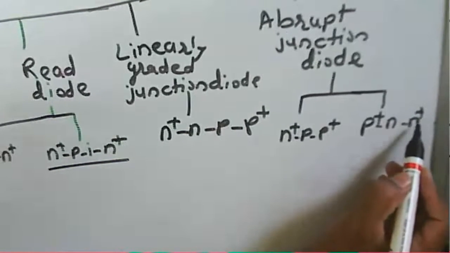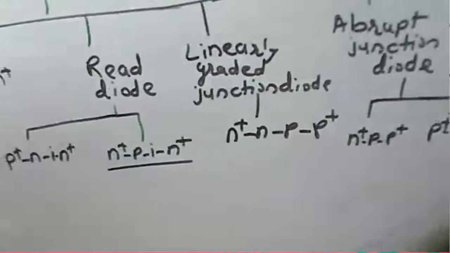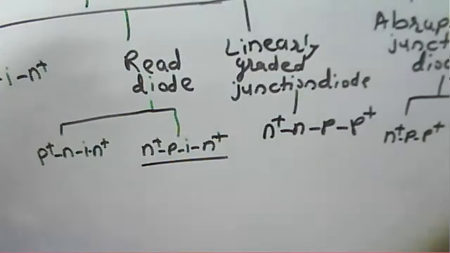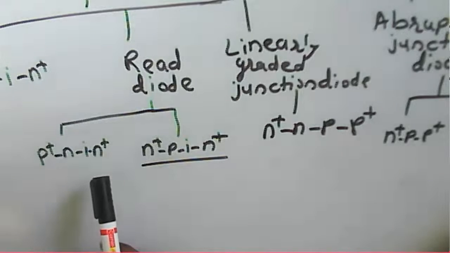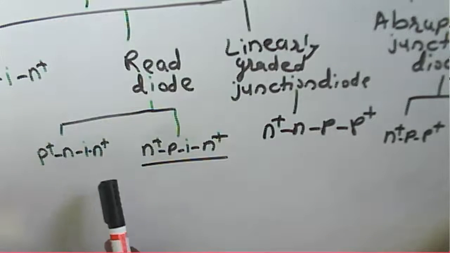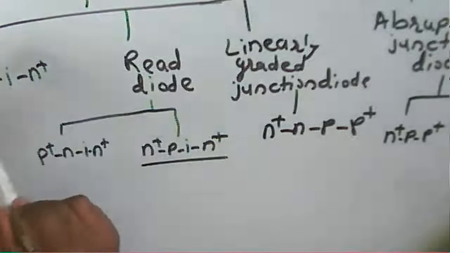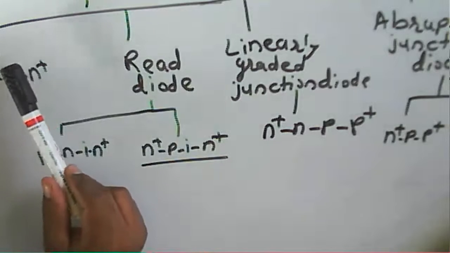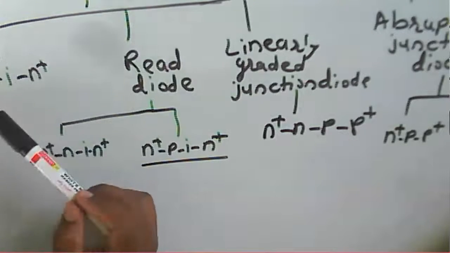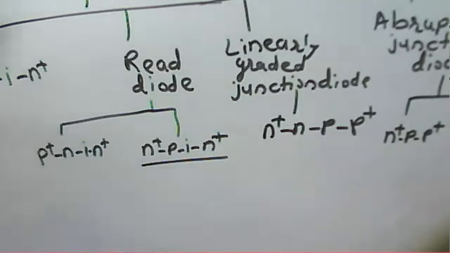Okay, so now that's all about what we have learned today, that is about the read diode here. So we talked about the family of the impact diode and how that impact diode is going to be constructed. So for the impact diode, we talk about the P plus region or N plus region that is to be considered here.